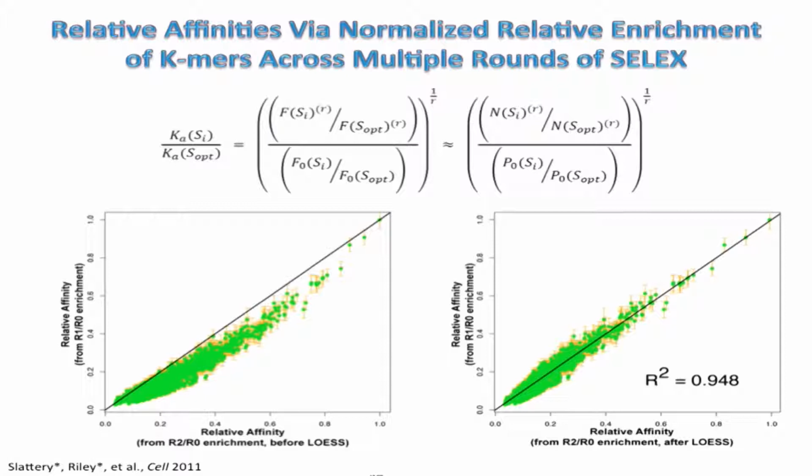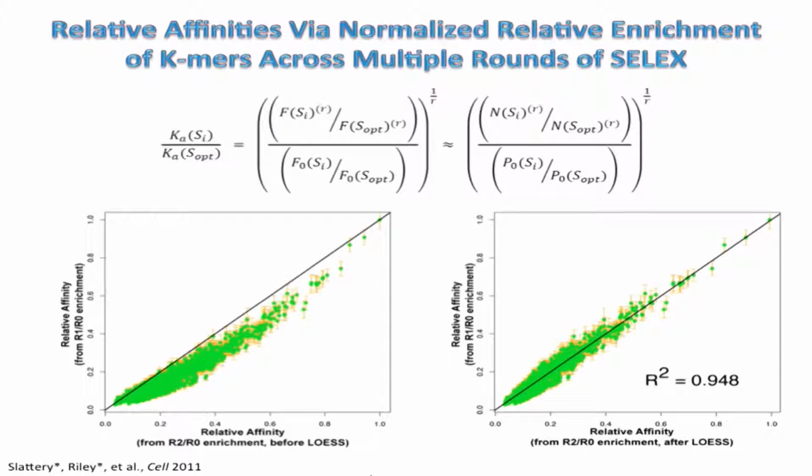One is where we're using the R1 over R0 ratios of the counts. And then here on the x-axis, we're looking at the square root of the R2 over R0 counts. And in the ideal world, all these green points will be on this black line, the unity line. We see there's a curvature.